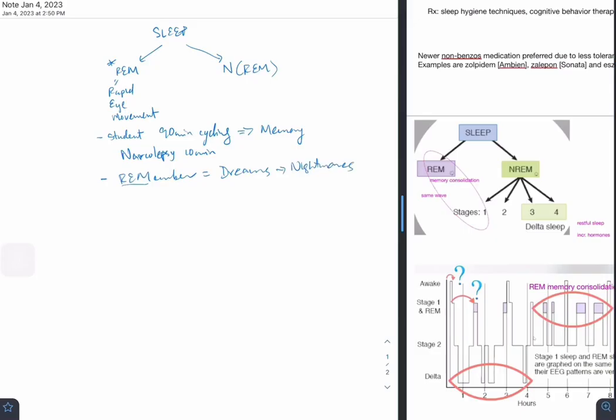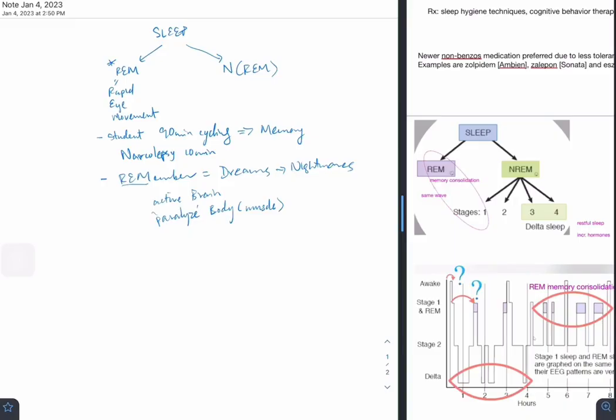So in REM sleep, the brain is active. Active brain. That's all it is. The body is paralyzed. There are almost no muscle activities. They have a paralyzed body. The only thing that is active is the brain. That's REM sleep.